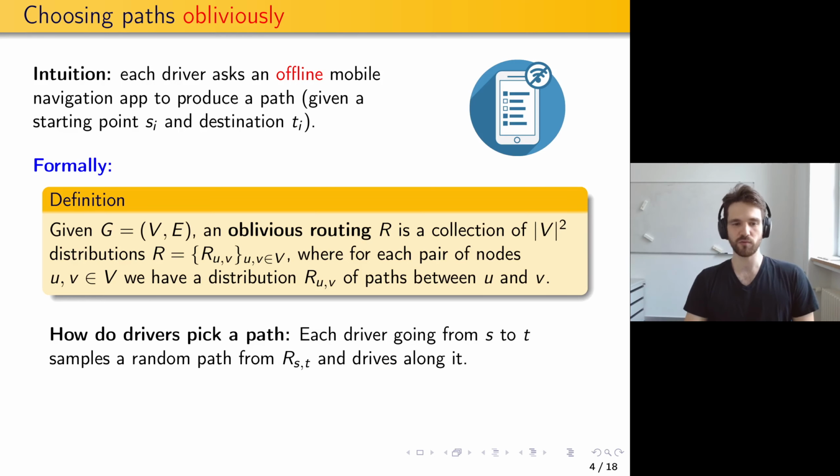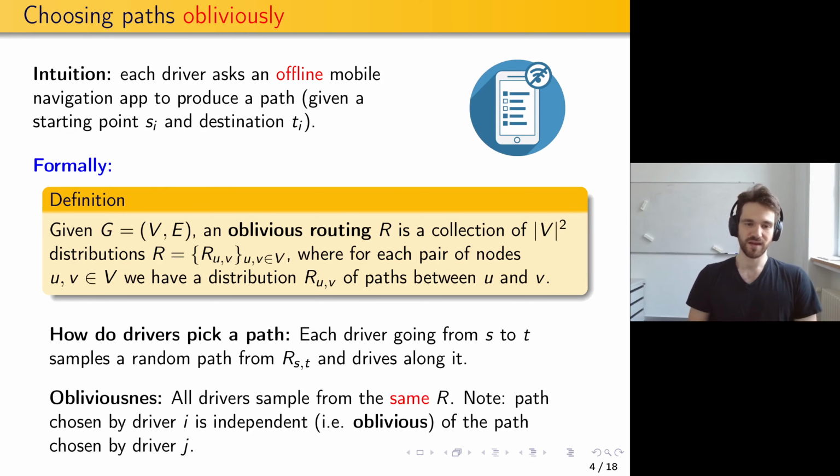Given this oblivious routing, how do the drivers actually pick the path? Well, each driver has a source and a sink, and then the driver samples a random path from the distribution R_ST with that source and that sink, and drives along it. And why is this oblivious? Well, all drivers sample from the same R. So you have one distribution, and there is only one offline navigation app.